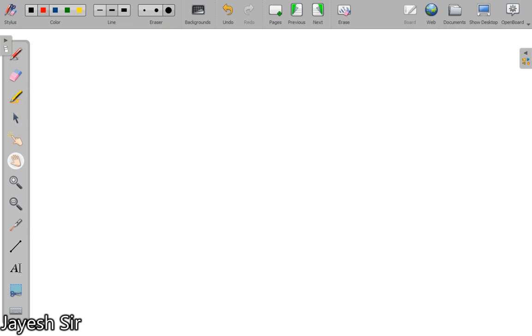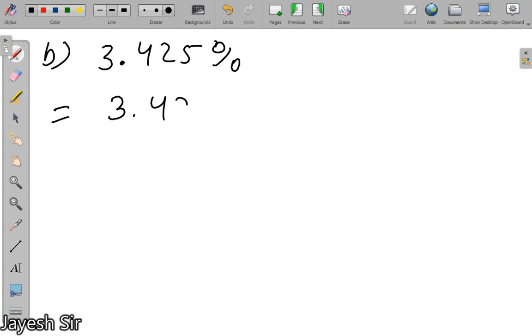Let us take another example and I will try to explain it more clearly. This is 3B part. It is 3.425%. In order to change it into fraction, we divide 3.425 by 100.